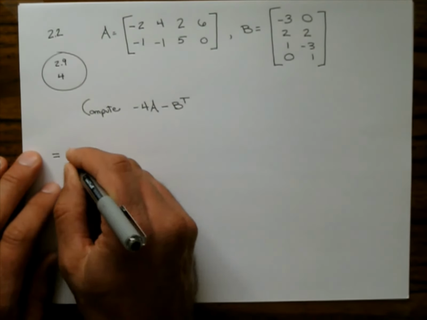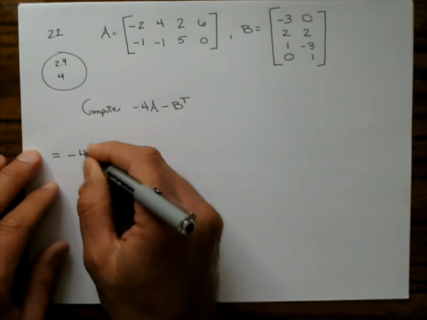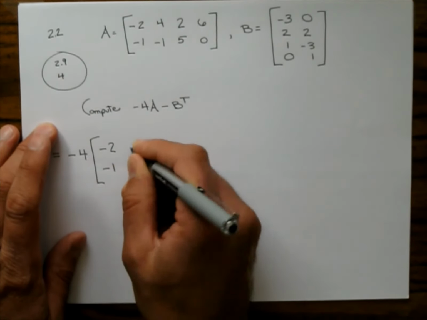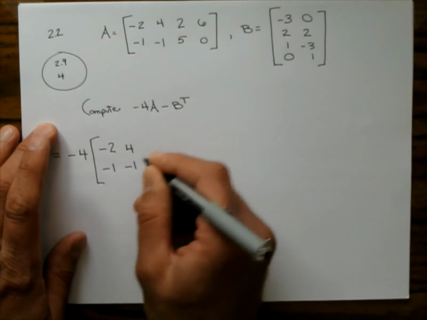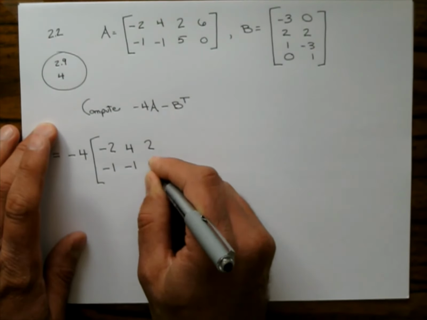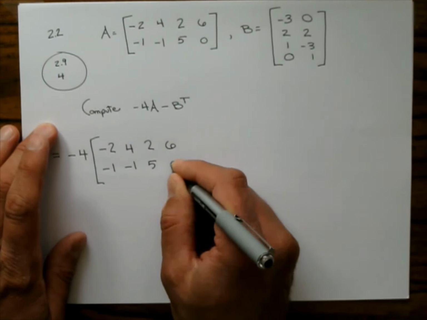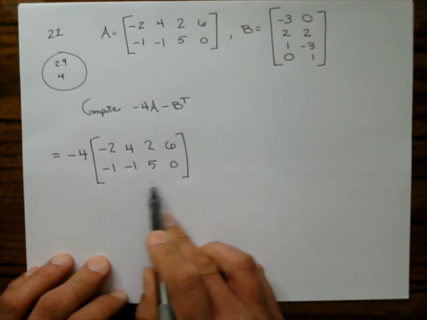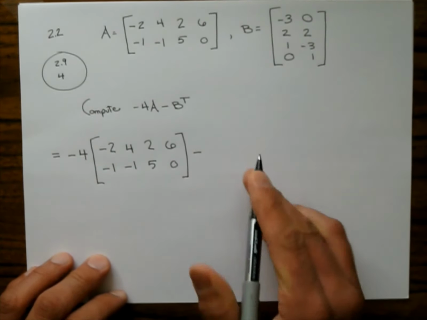This is -4 times A, which is -2, -1, 4, -1, 2, 5, 6, 0. Okay, so -4 times A minus B transpose.